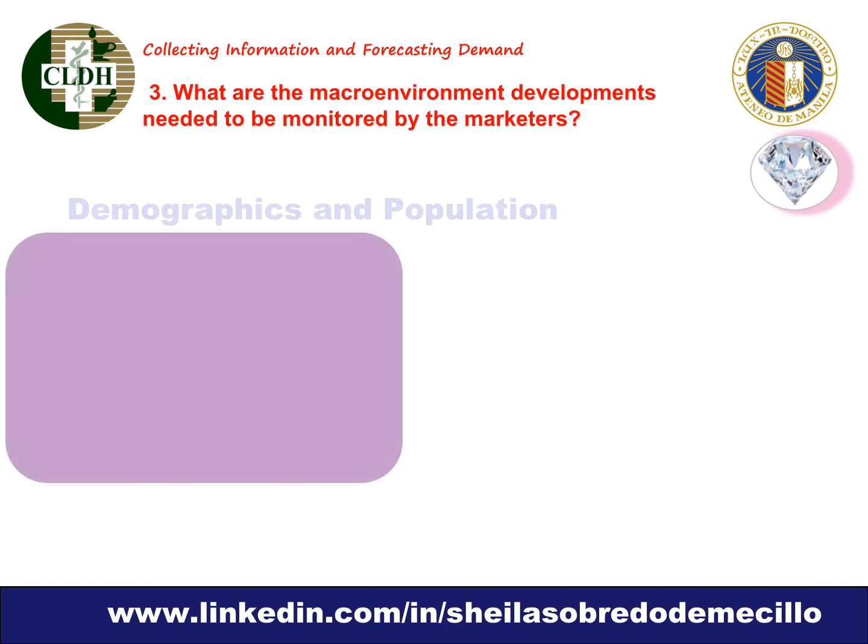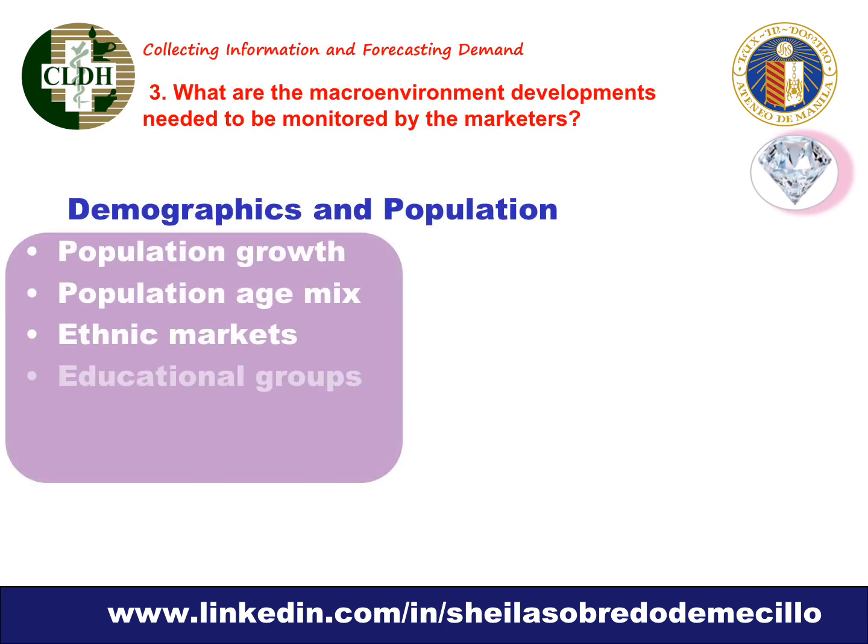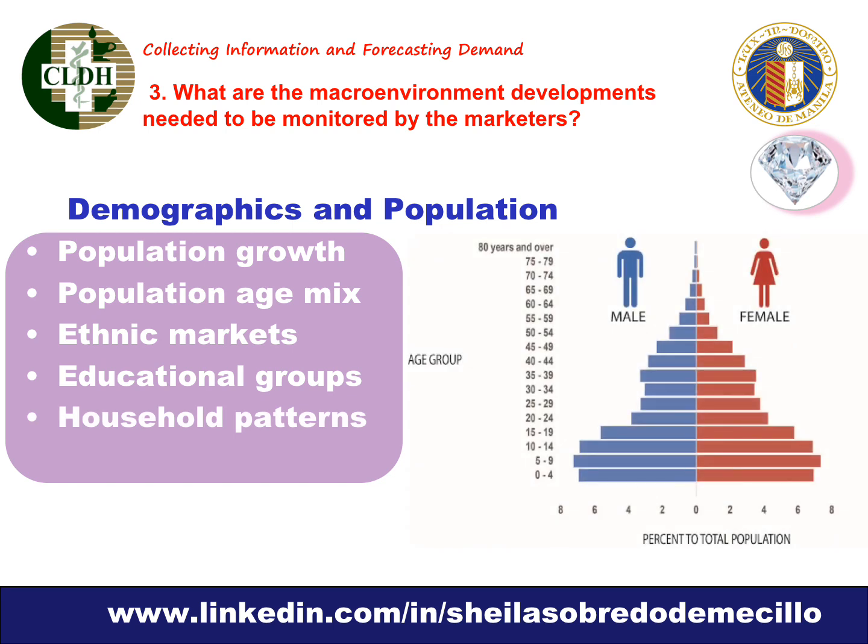Demographic developments often move at a fairly predictable pace. The main one marketers monitor is population, including the size and growth rate of the population in cities, regions, and nations, age distribution, ethnic mix, educational levels, household patterns, and regional characteristics and movements.